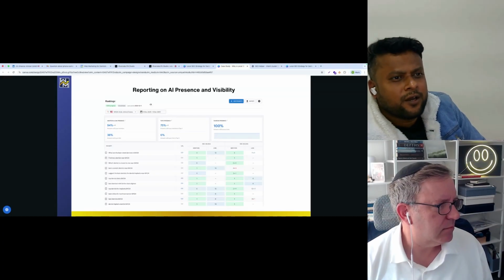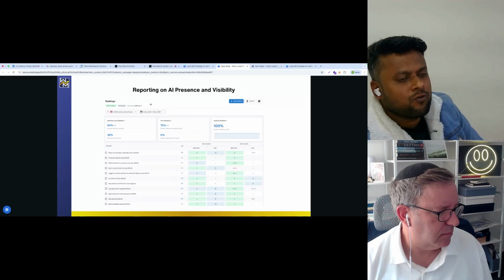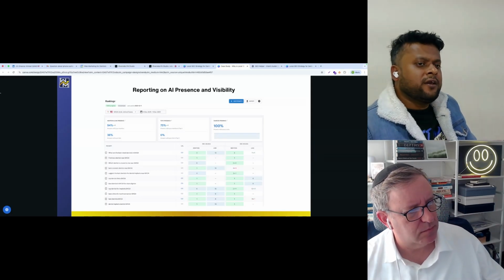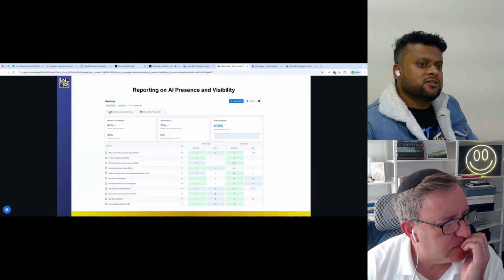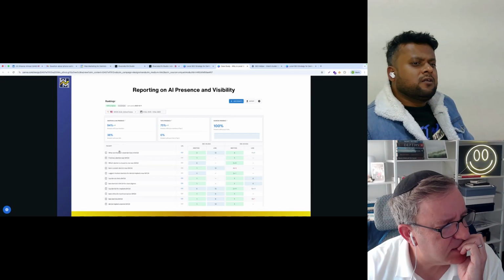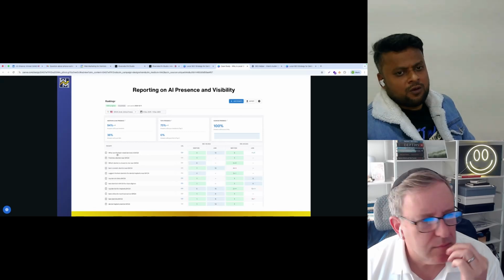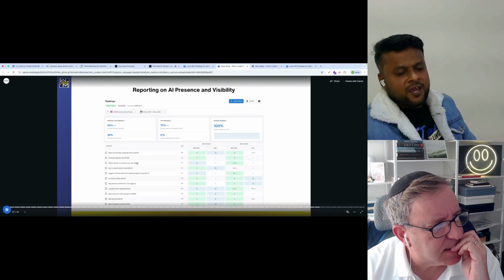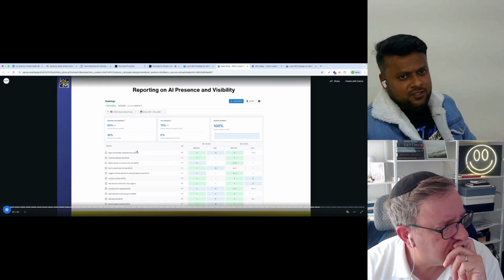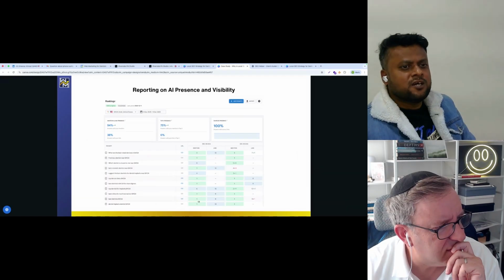So this is a report right here, which has been pulled for Google AI search results, which you can see over here. And then these are the keywords. This is one of our clients. And then these are the keywords for which they happen to be mentioned these many times.